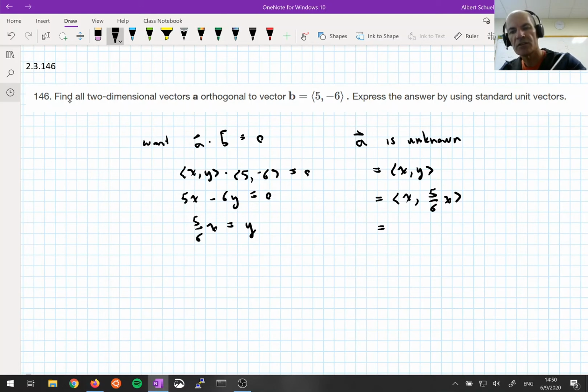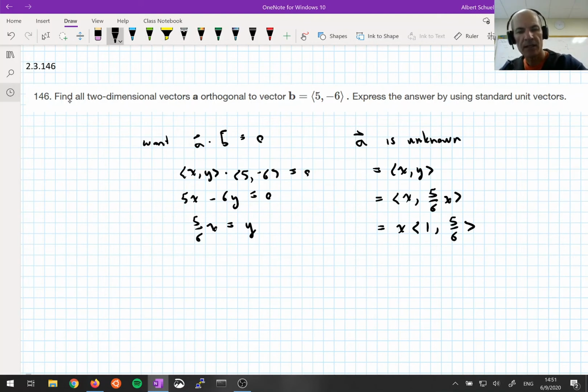And since x is a real number, we could actually factor it out, and what would be left behind is a constant vector, 1 and 5/6.